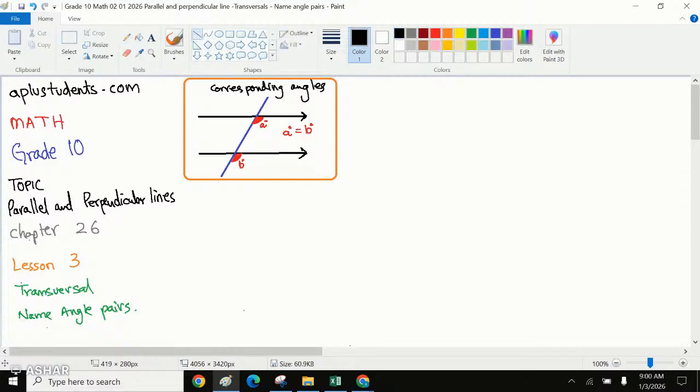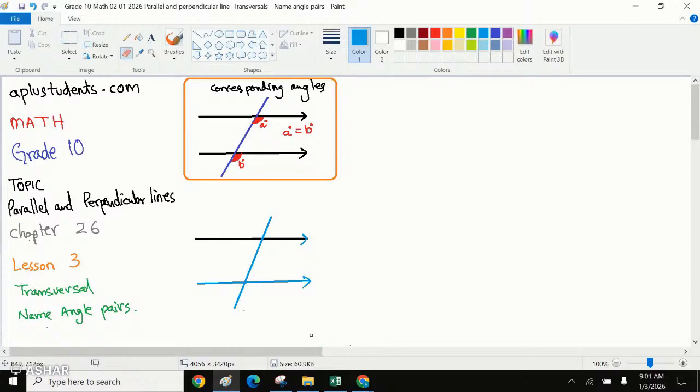So now let's look at another case in which we have a pair of parallel lines which is being intersected by another line. Let's pick up this line, okay? And I would say, two pairs of parallel lines which are being intersected.